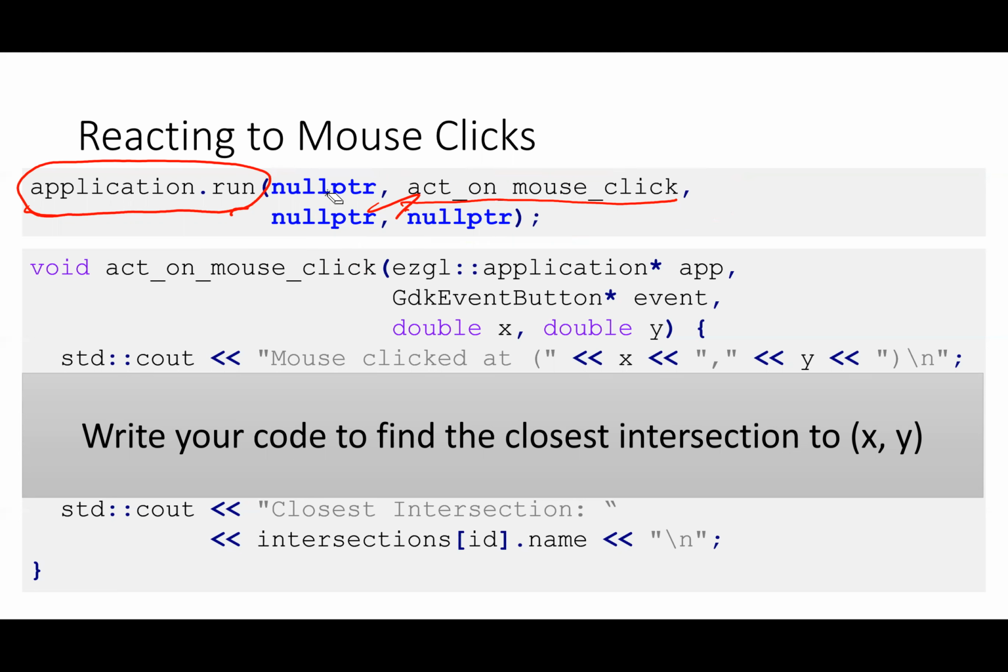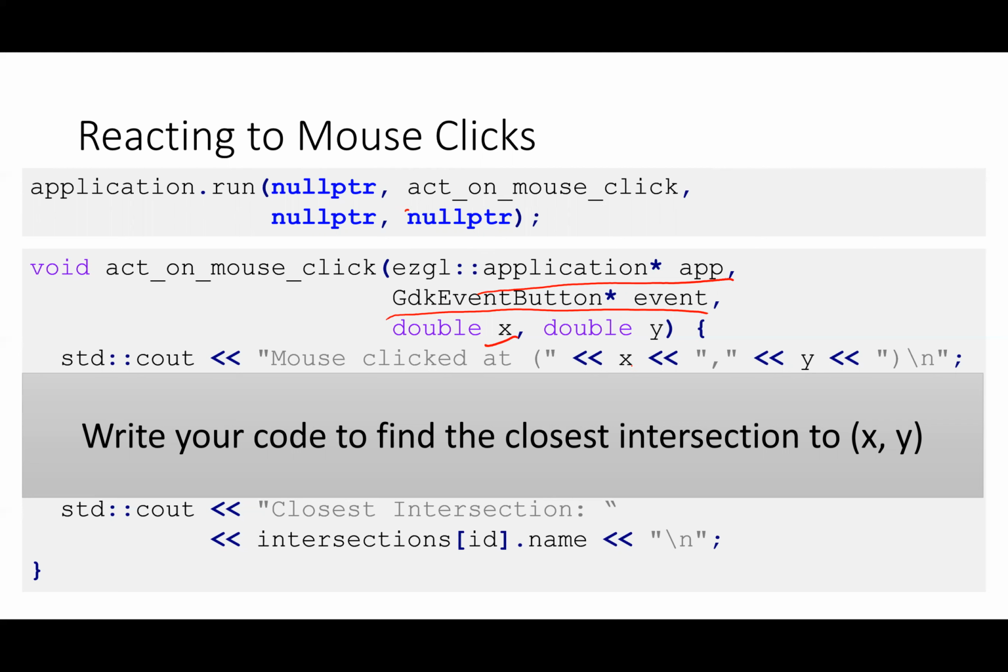EasyGL is going to call a function that takes an application pointer. It's called a button event pointer. This is something that gives you some additional information about which button was clicked and whether shift is held down and so on. You can use that information or ignore it, but you basically have to have that in your parameter list.